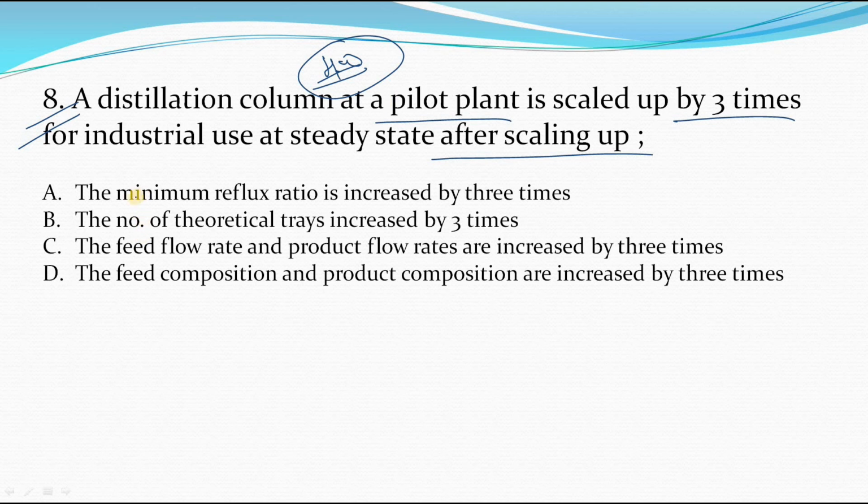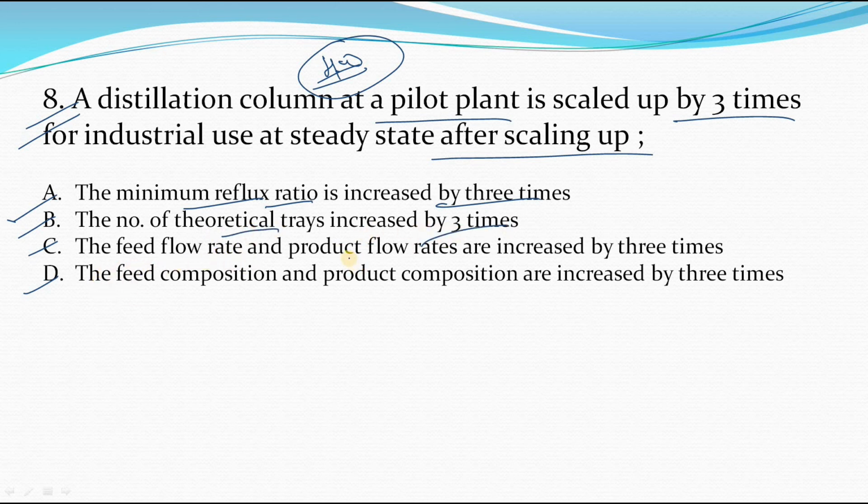So this question says that a distillation column at a pilot plant is scaled up by 3 times for industrial use at steady state. Now we have 4 options. The first option: the minimum reflux ratio is increased by 3 times. I have told you what minimum reflux ratio is. The second: the number of theoretical trays increased by 3 times.